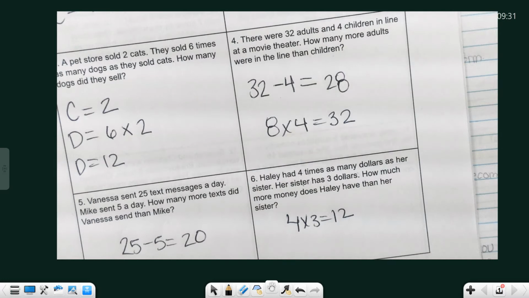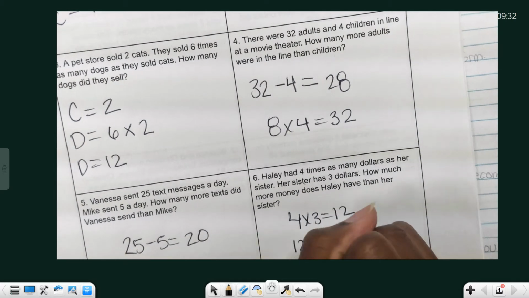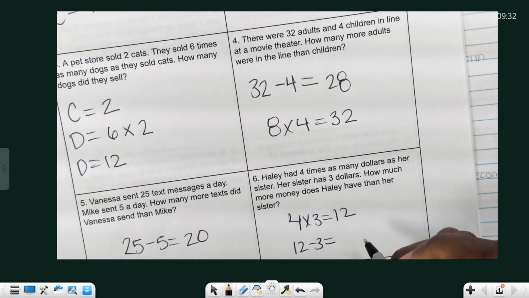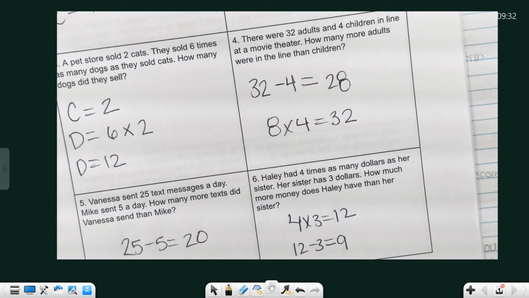Now, how many more dollars does Haley have than her sister? Subtract what? 12 minus 3 equals 9. So Haley has 9 more dollars than her sister.